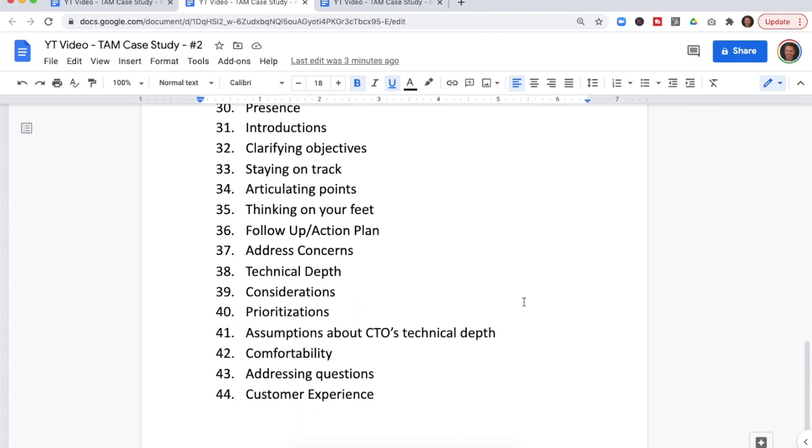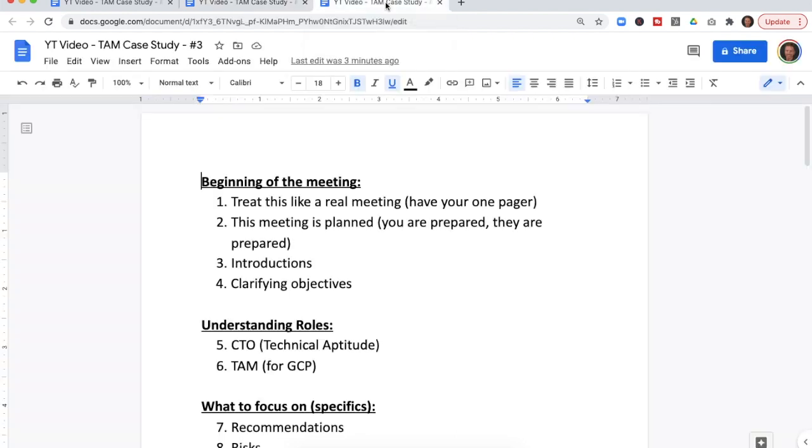So the last piece is this last slide. So I want you to organize the data a little bit. So in the beginning of the meeting, this is really setting the tone and stage for how you're thinking about it. So you have that one pager. Obviously, you have a plan. You're going to think about some simplistic introductions.